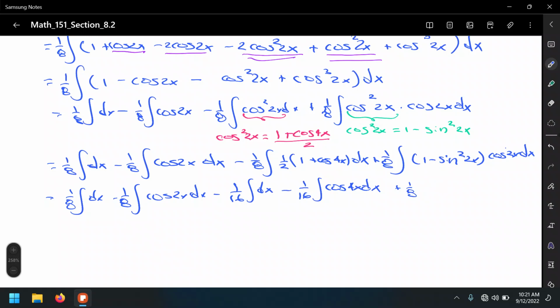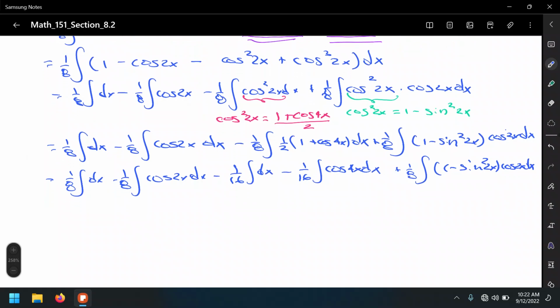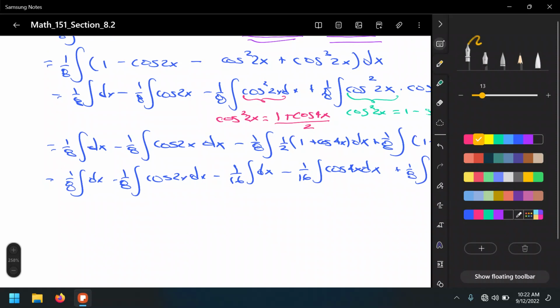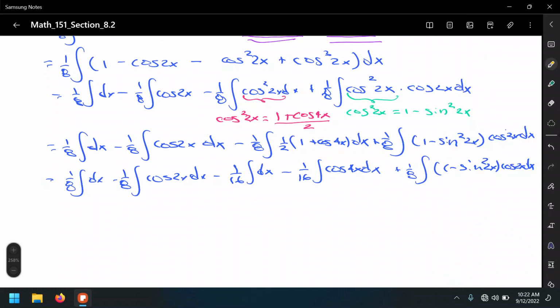That's 1/8 the integral of 1 minus sine squared 2x cosine 2x dx. Okay, so before attempting any integration, we're going to have another set of like terms. So we're going to combine these two integrals, this one with that one.